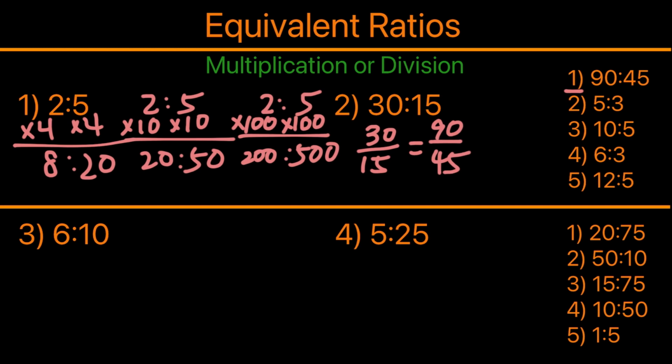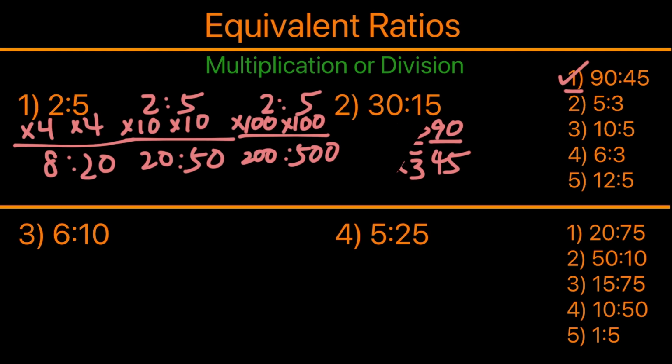And this is how you would compare ratios. So for 15 to get to 45, we would need to times that by 3. And the numerator also needs to times by 3. Now 30 times 3 is 90, and 15 times 3 is 45. So that tells us that number 1 is correct.